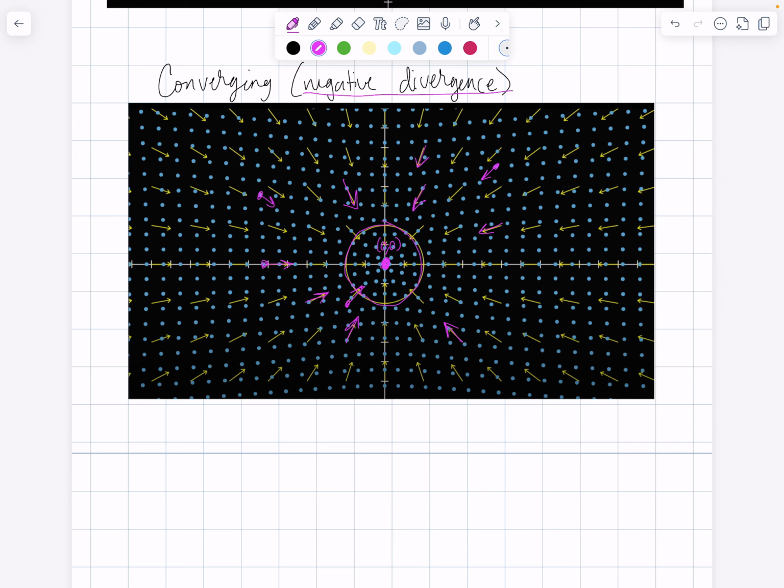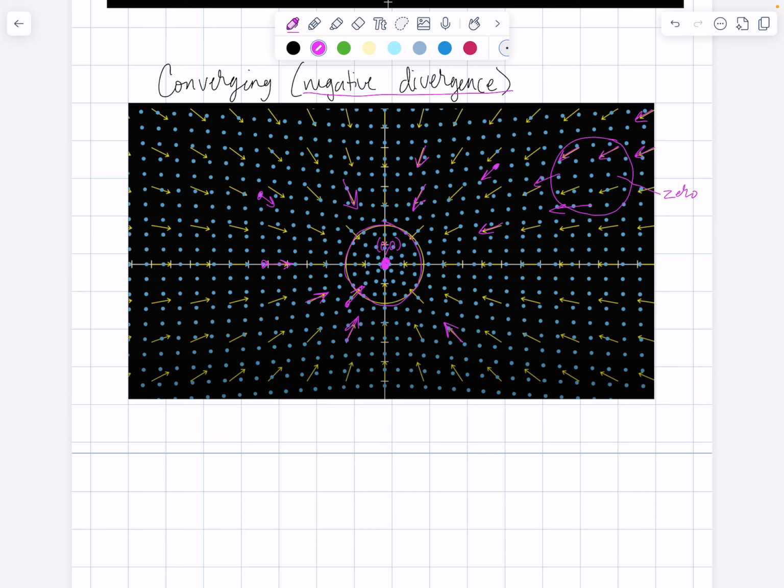However, let's say we were talking about this region here, right? So we have vectors that are coming in, and we have vectors that are coming out. And all of these vectors are about the same length. So particles are moving in and out at about the same speed. So this area here, we would actually say has zero divergence, right?